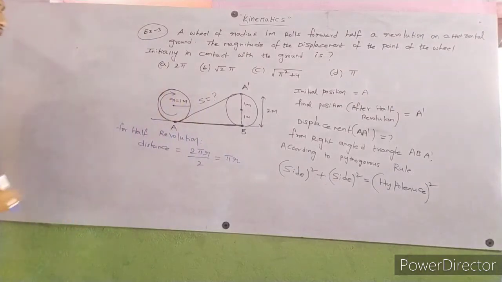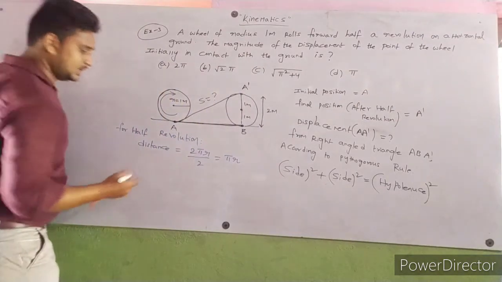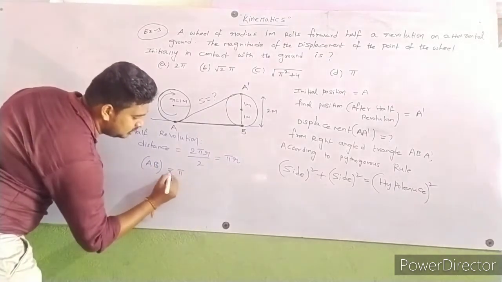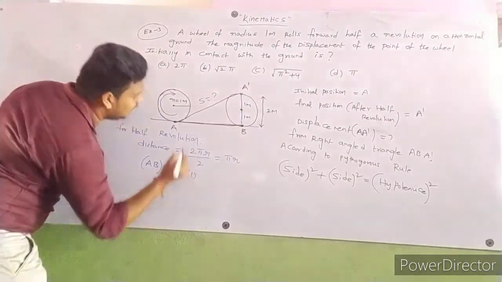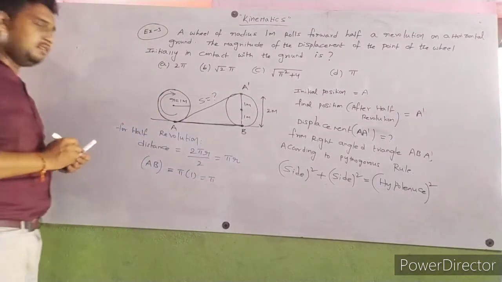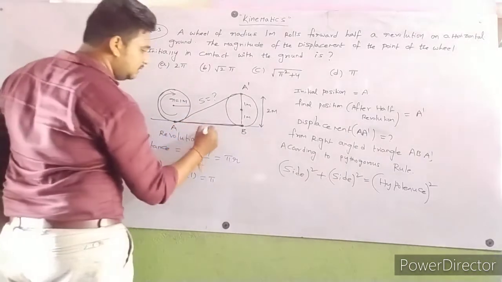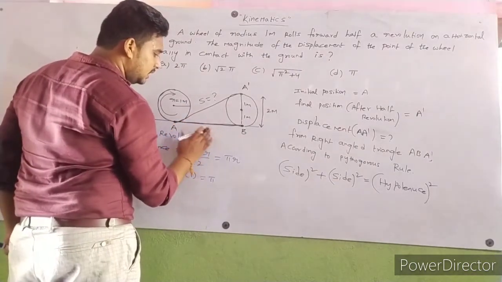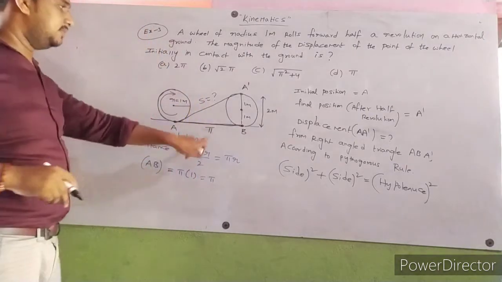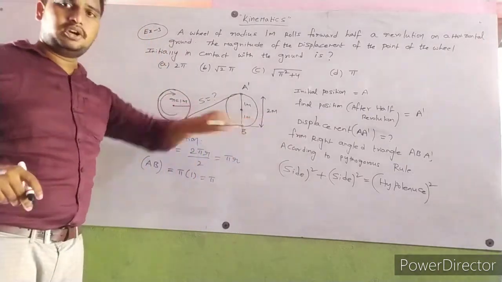Half revolution distance is pi r. That means AB is pi times r, and r is already given as 1 meter, so AB is pi. And A dash B value is 2.